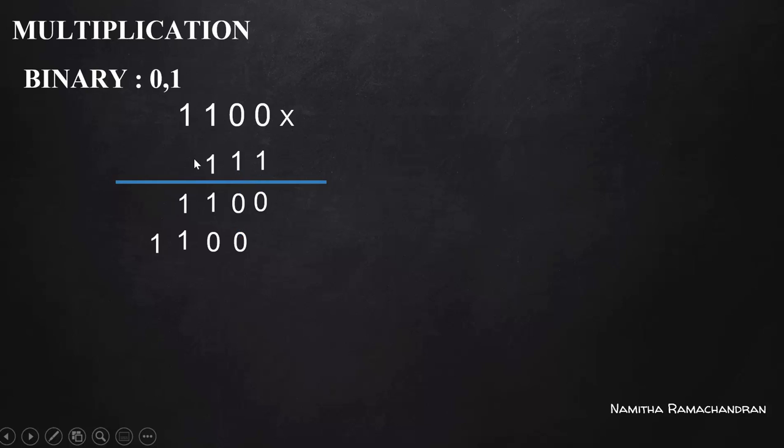Then for the next bit, we write the partial product starting from this position and proceed towards left: 0, 0, 1 and 1.